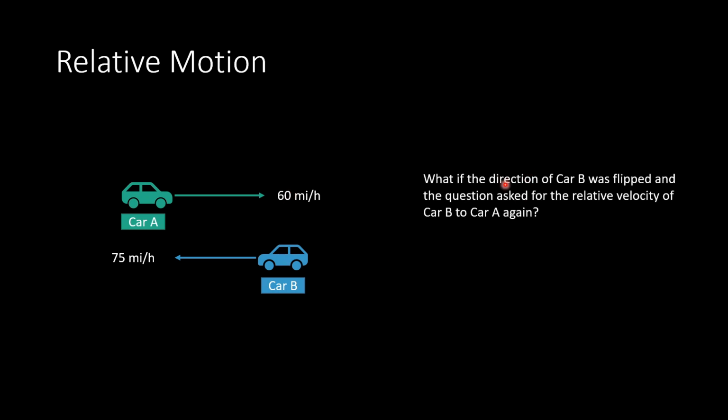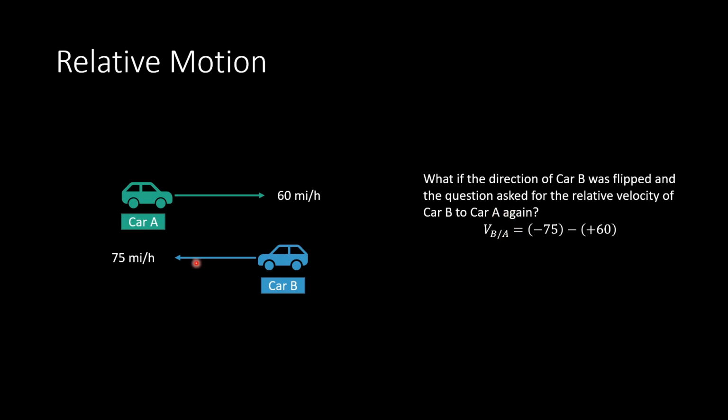And then the next part was, what if we were going to flip this? Think about single lane roads where you're traveling in opposite directions. Let's take the same example. Car A is still traveling at 60 miles per hour, whereas car B is traveling at 75 miles per hour. Since our motion from left to right was taken as positive, if you were trying to find the velocity of car B relative to car A, you'd do VB by A, which is just a way to write the relative velocity.